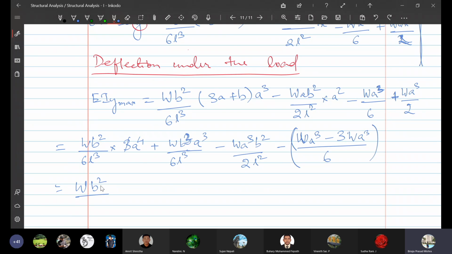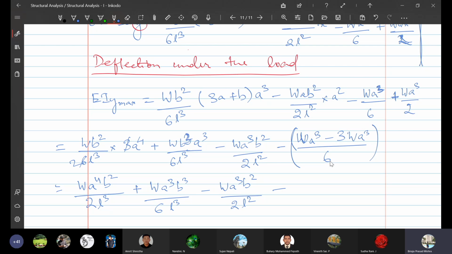Sorry, let me use the eraser. So can I write it as w a to the power 4 b square divided by 2l cube plus w a cube b cube by 6l cube minus w a cube b square divided by 2l square.